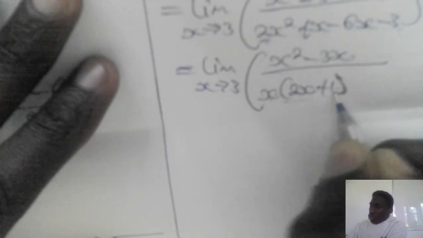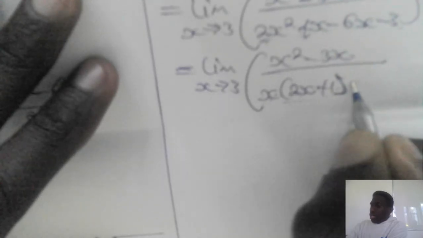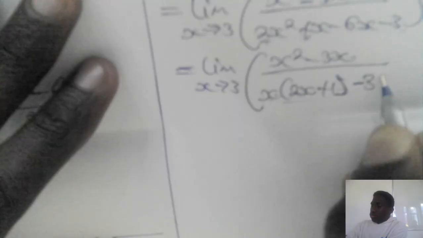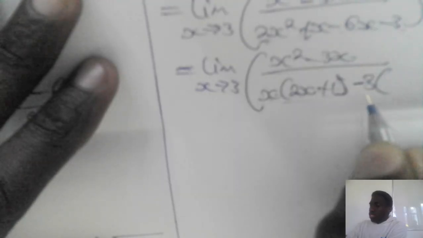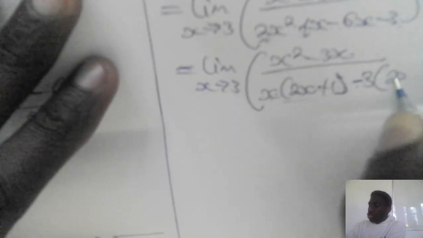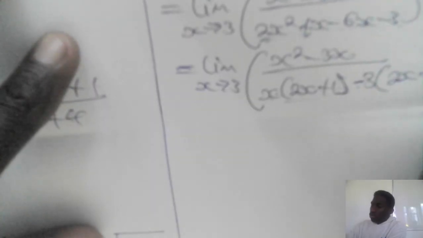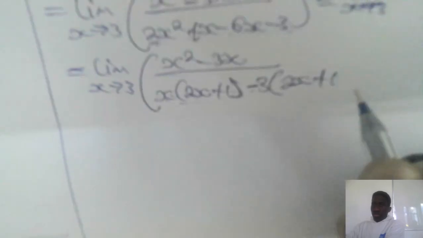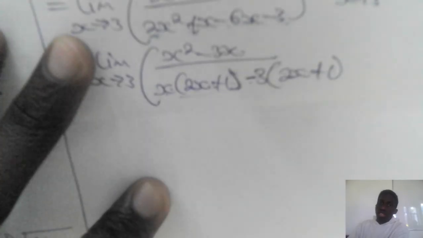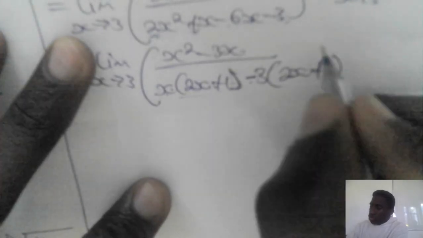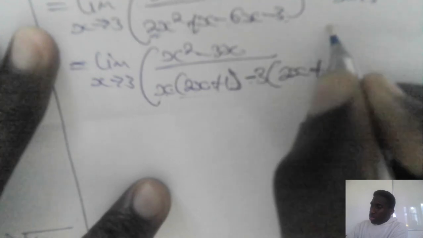What's common between the two of them is minus 3. So minus 6x divided by minus 3 is 2x, and minus 3 divided by minus 3 is 1. So you have 2x plus 1 there. If you notice, these two brackets are the same. They must always be the same. If they're not the same, then you've made an error.